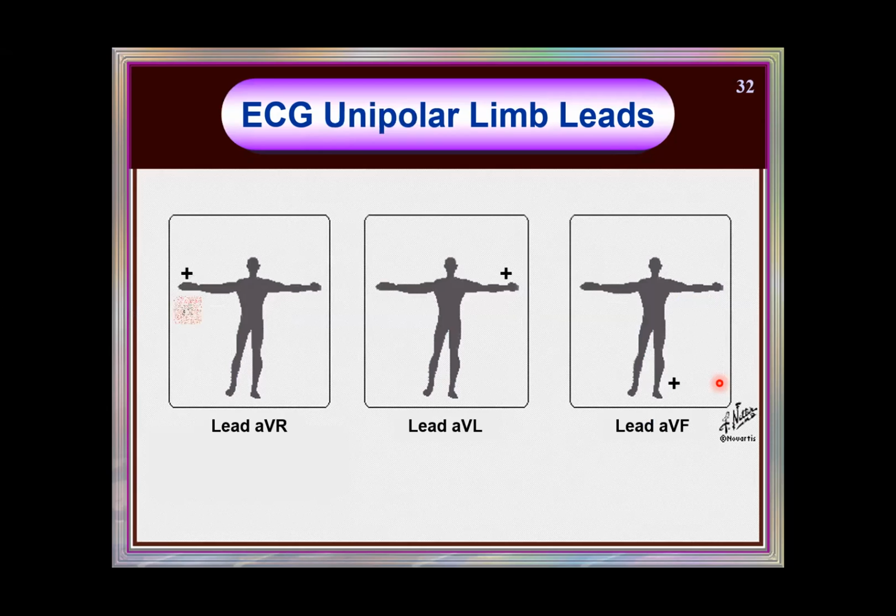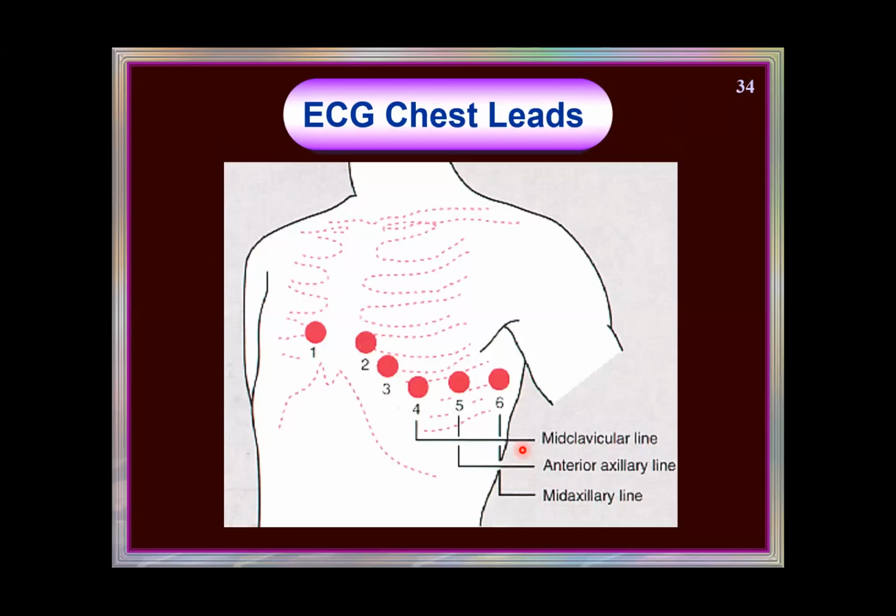When we come here, how many are there on the left side? 1 camera is on the left side and 1 in the foot. So that means already we have got 2 cameras on the left side and 3 on the foot here. And of course, this is called the cavitary lead. This is the right-sided lead. And when we come to the chest leads, we have 3 anterior, 2 anterior, and then these are the left-sided ones.